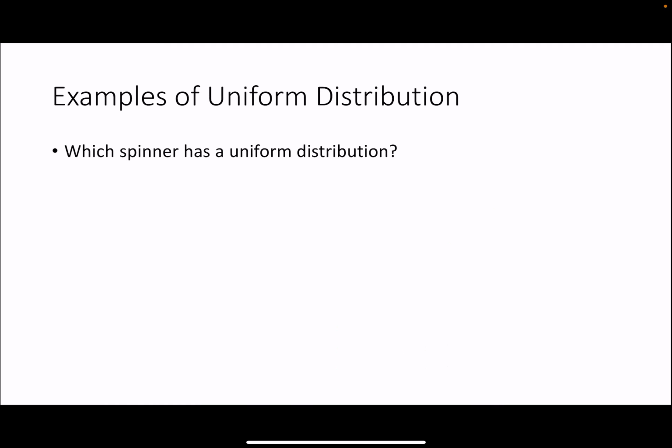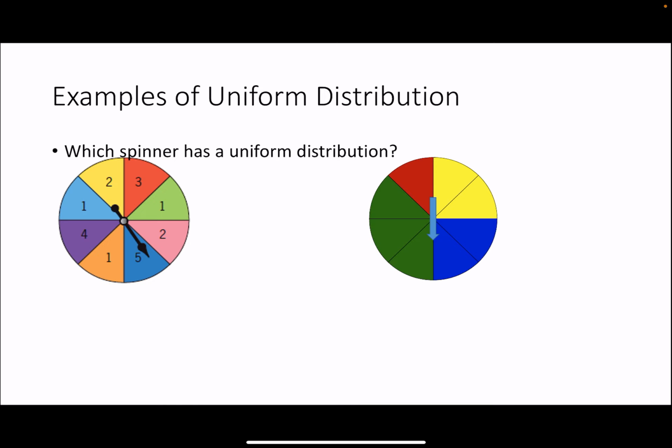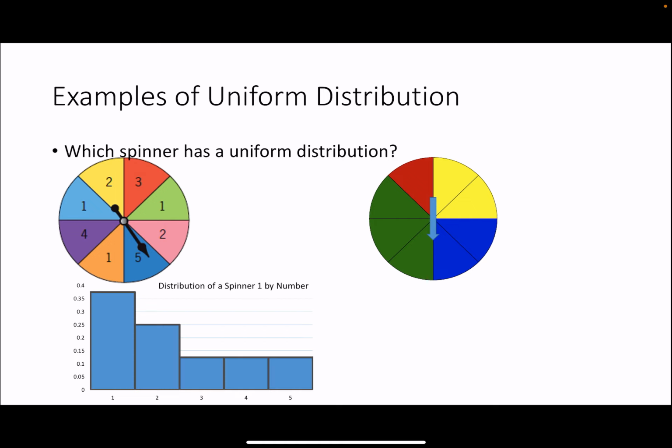Okay, so part of uniform distribution is asking, which spinner here has a uniform distribution? And if you look at it, you can pretty much tell right away. But it depends, right?